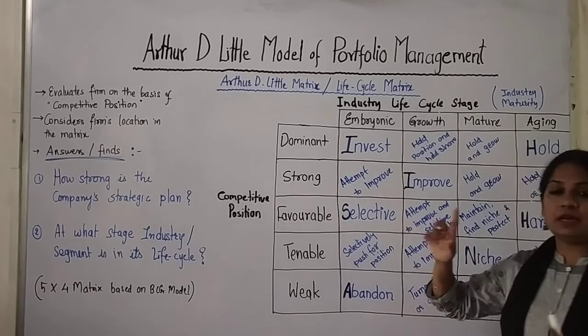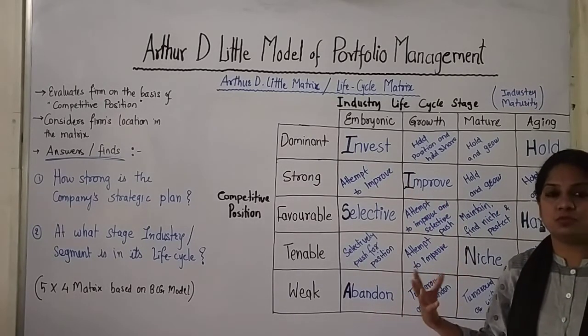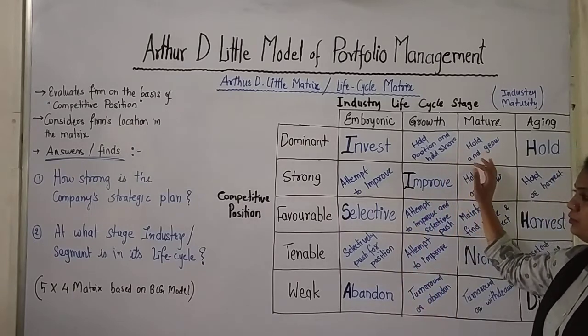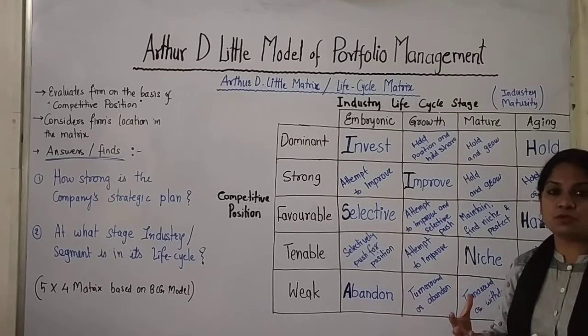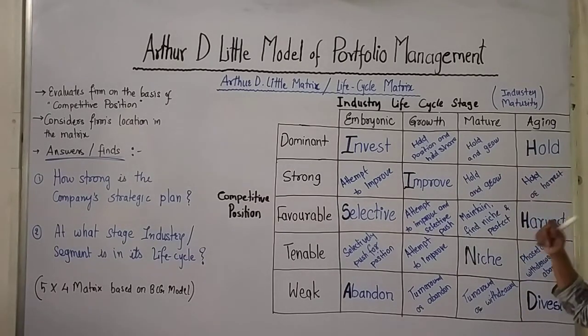There are less and less competitors, almost no competitors, so you still have the opportunity to grow in that market. And the last one is aging. In aging it is said to just hold, because your position is still dominant, there are no such players in the market, and you can hold your position.